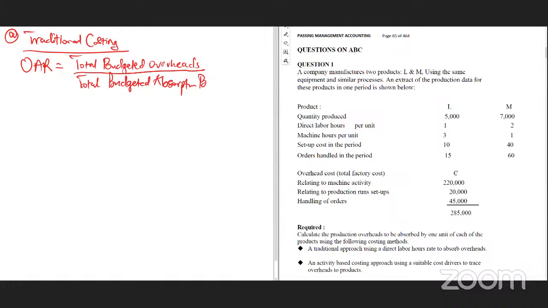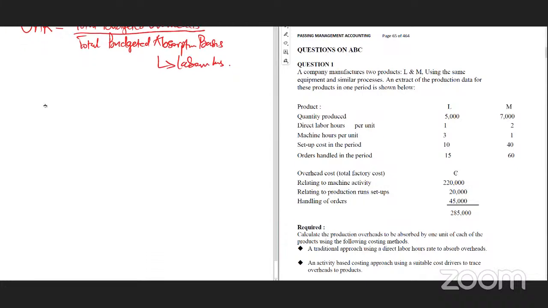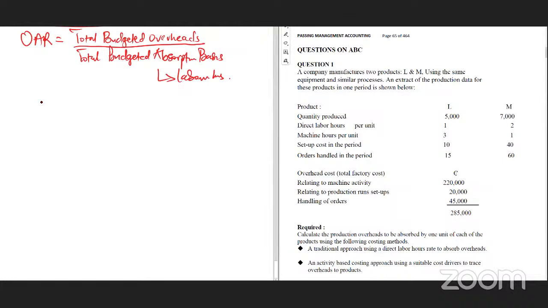But here, the absorption basis was what? The question said we should use labor hours, not so. So since we are using labor hours as our absorption basis, the first question I want is how many labor hours do we want? Because we know our total budgeted overheads, we can even find our total budgeted overheads.